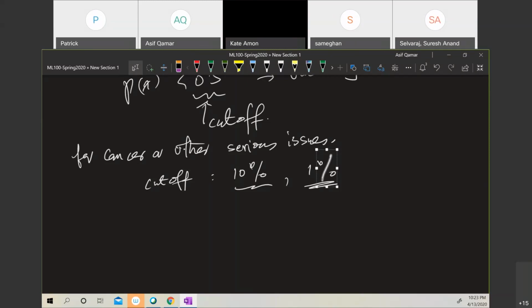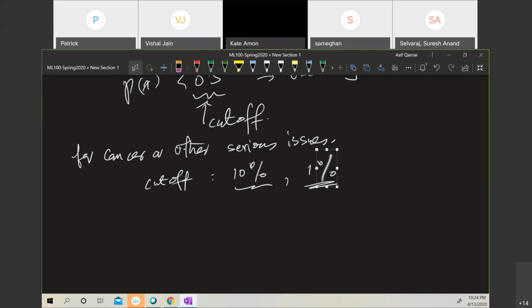So what you do is you build three models: probability that it is a cow versus not, probability that it's a horse versus not, and probability of a duck versus not. And then you find out which probability is the highest.